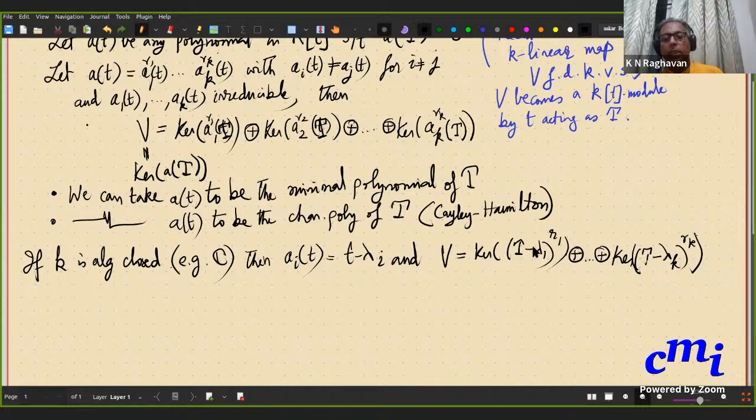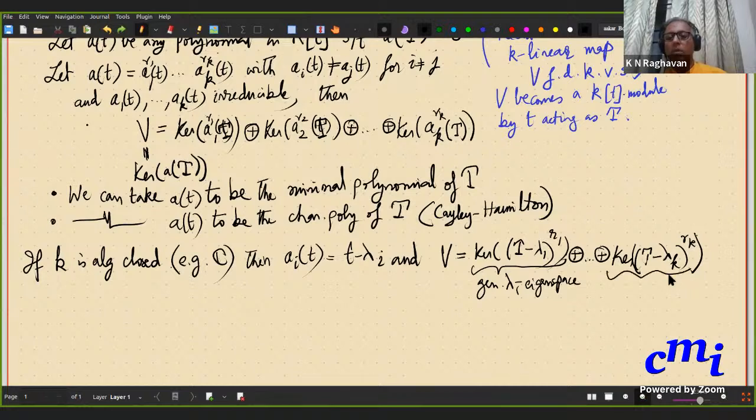And as we said last time, this is called the generalized lambda 1 eigenspace, and this whole thing is the generalized lambda K eigenspace.